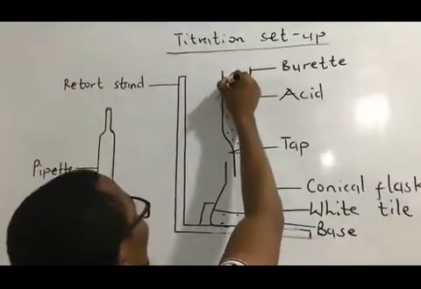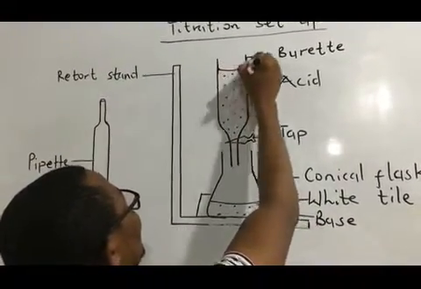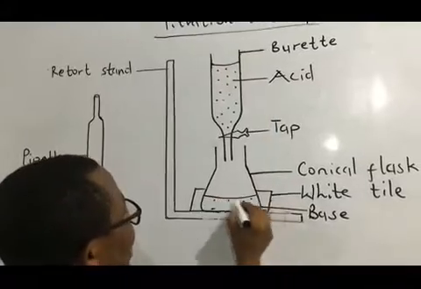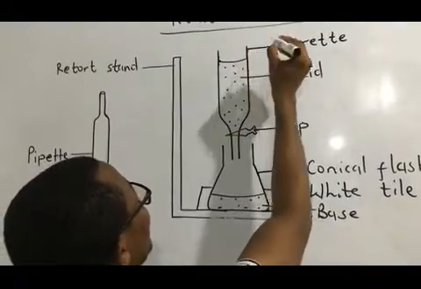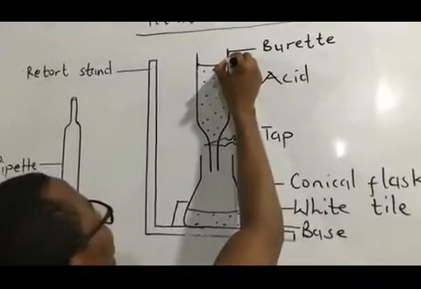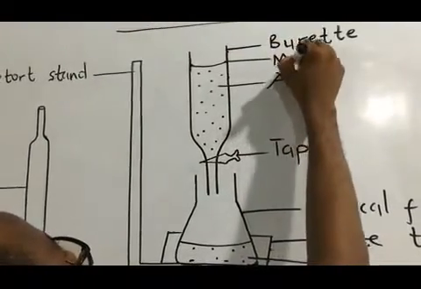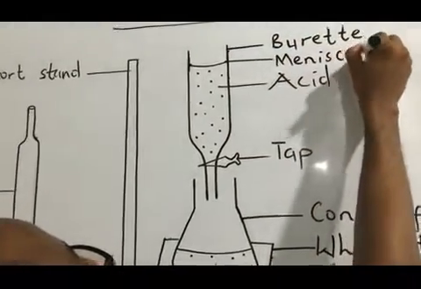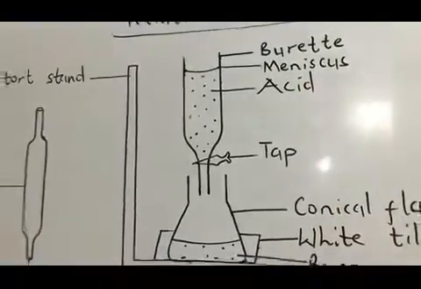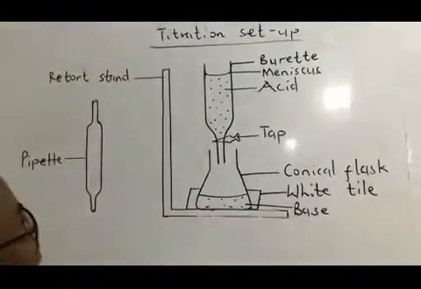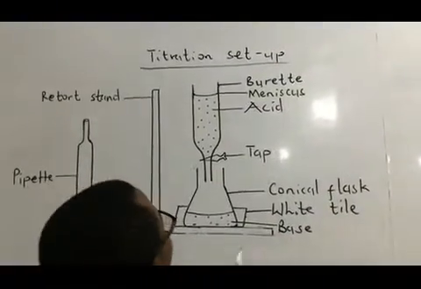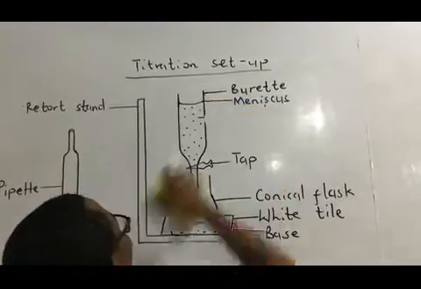Now the curved surface area here is what we call the meniscus. Let me space that so that you can see properly.